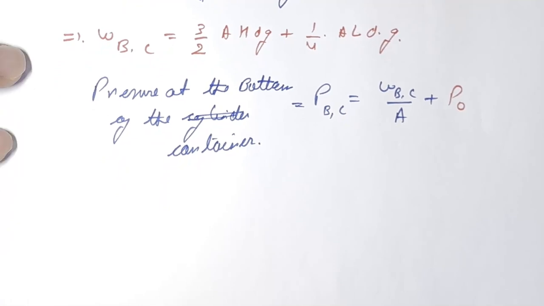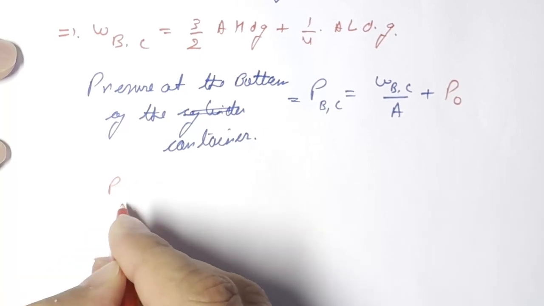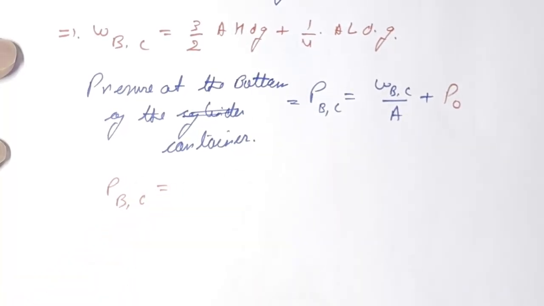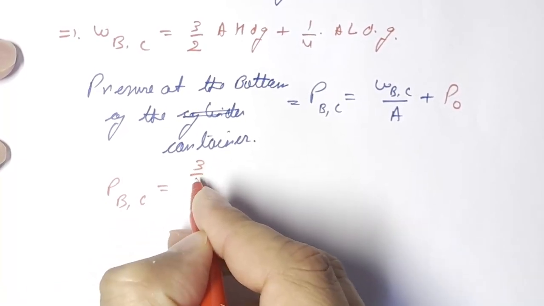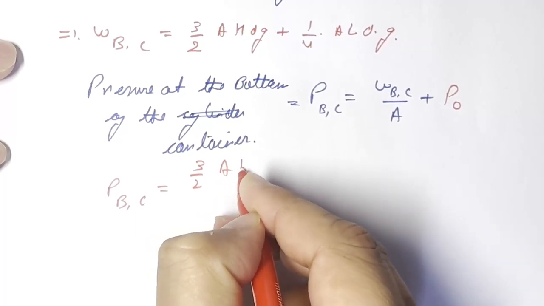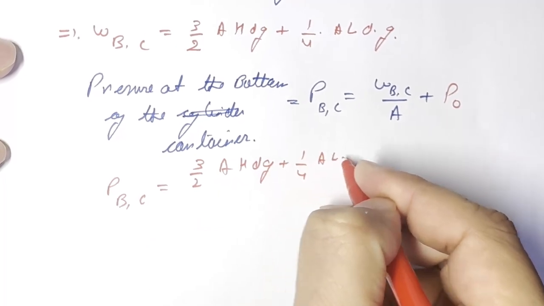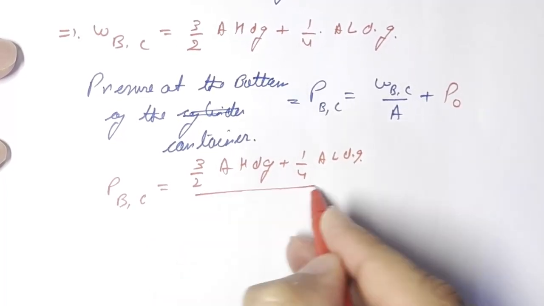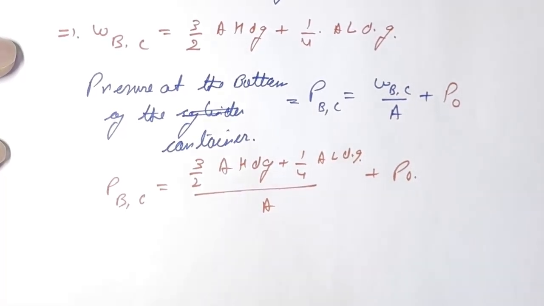So we substitute the values. We can write that our pressure at the bottom of the container will be equal to 3/2 AHdg plus 1/4 ALdg divided by A, plus P0, and A cancels out throughout.